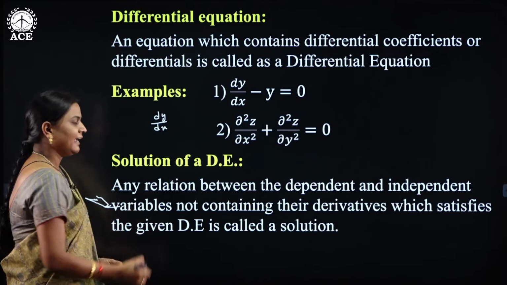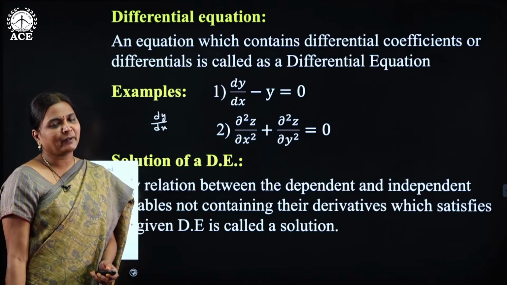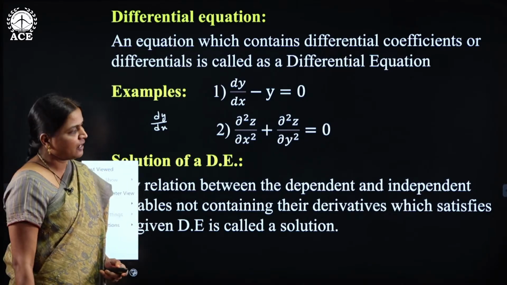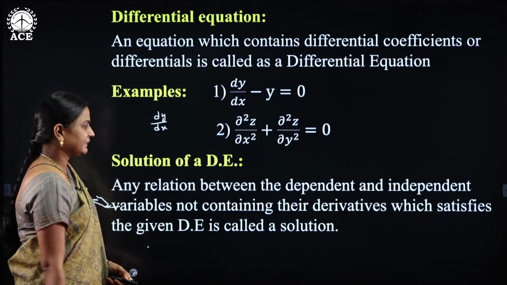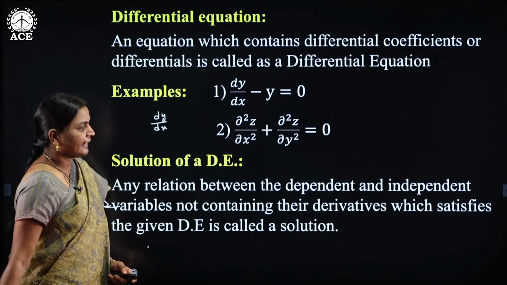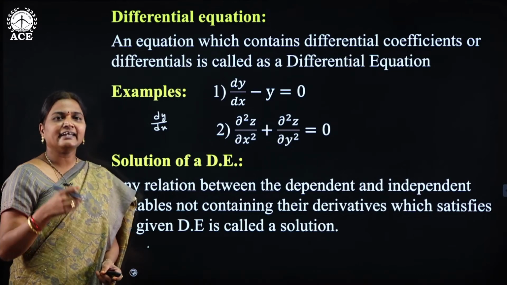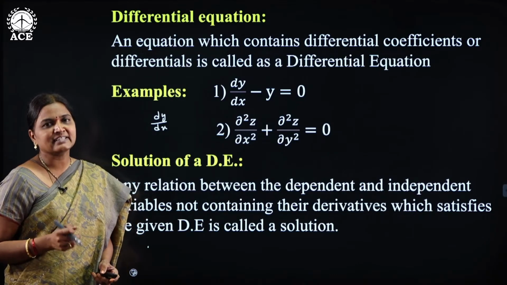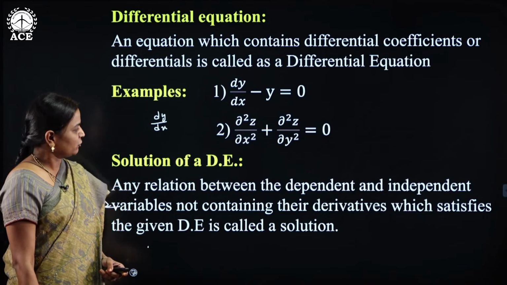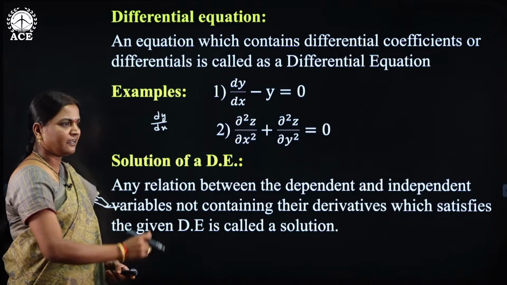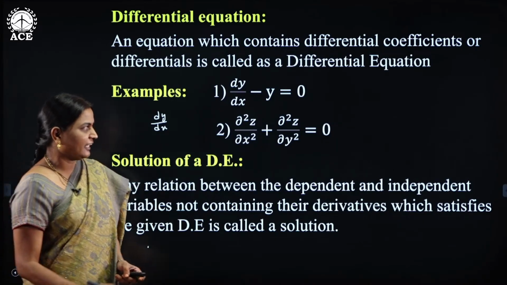The solution is any relation between the dependent and independent variable, not containing derivatives, and that relation must satisfy the given differential equation. Then that relation is called the solution of a differential equation.